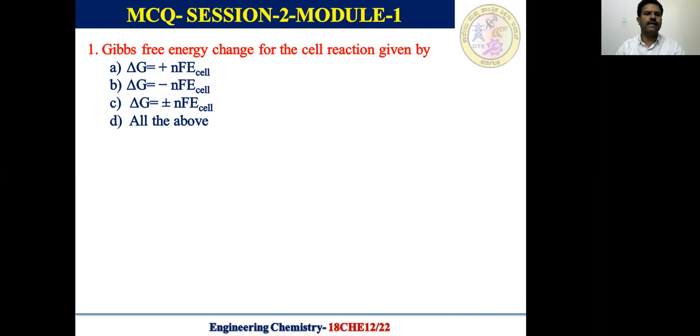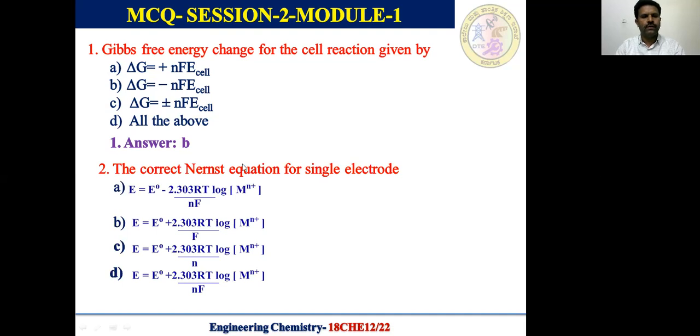Option C, delta G is equal to plus or minus nE cell. Option D, all the above. As we discussed, the right answer is option B, that is delta G is equal to minus nE cell.